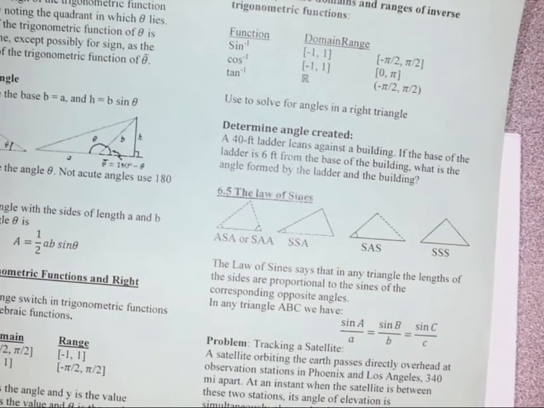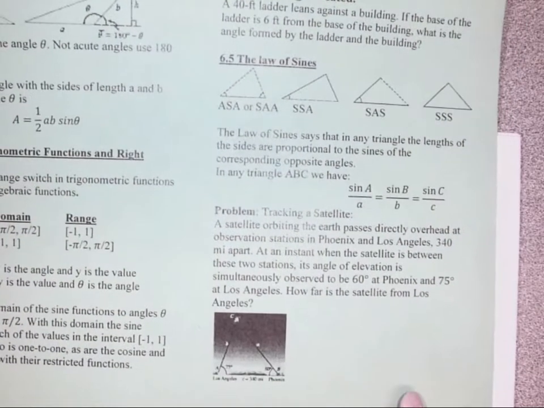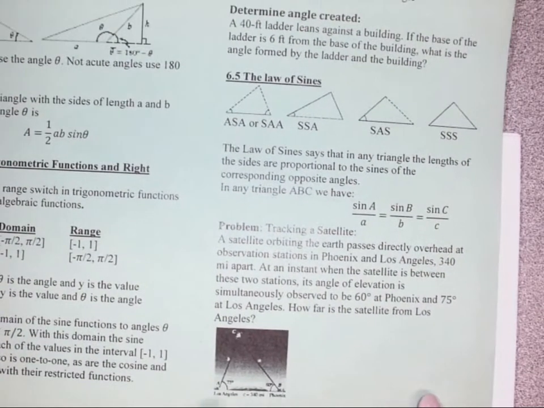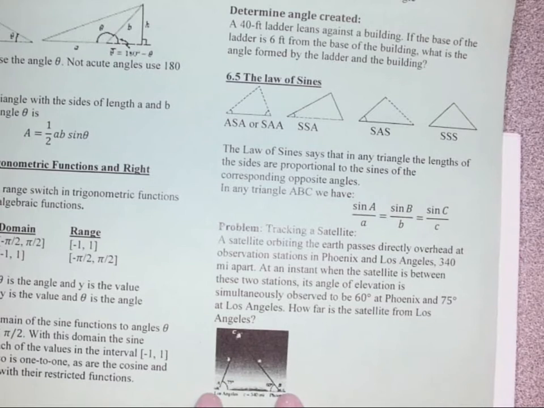So we are going to do a problem, and we are looking at tracking a satellite. A satellite orbiting the Earth passes directly overhead at observation stations in Phoenix and Los Angeles, 340 miles apart.